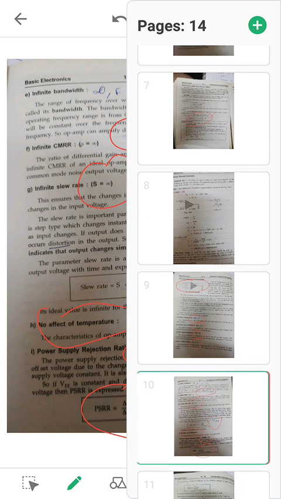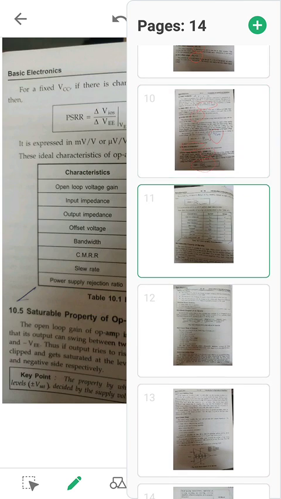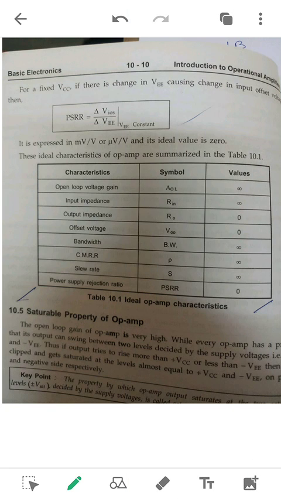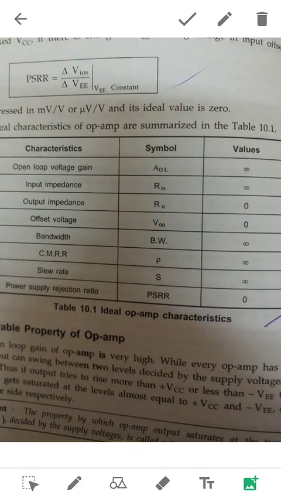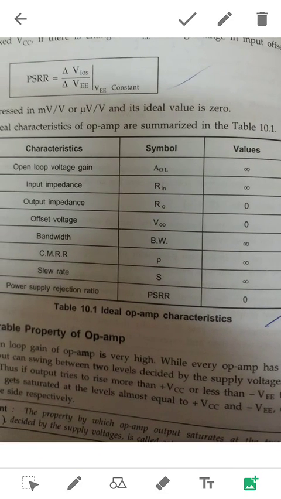Next, coming to the summary of all the different parameters that we have discussed. Here you can see the different parameters of the op-amp, so go through the summary. Open loop voltage gain AOL is infinite. Input impedance Rin, infinite.